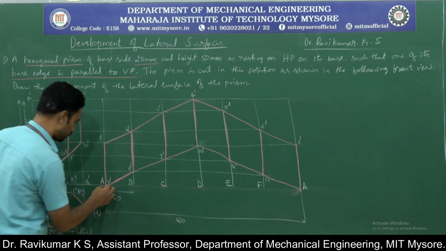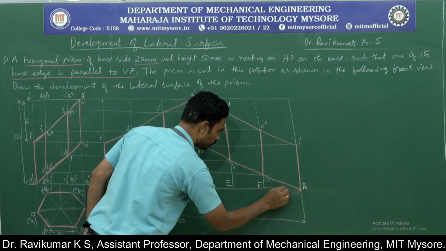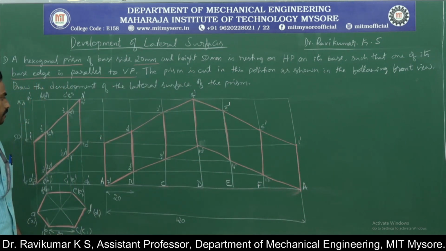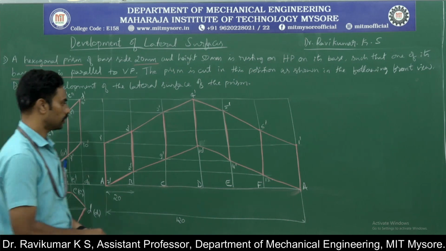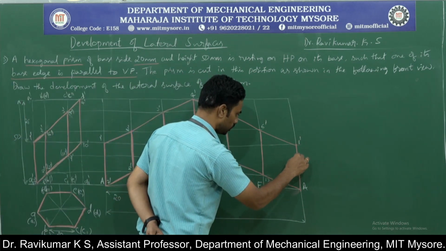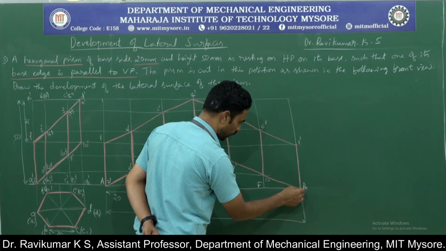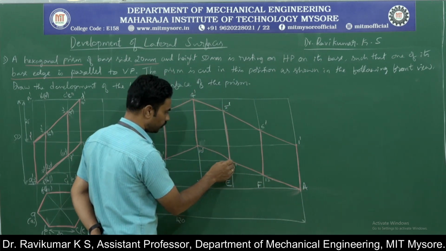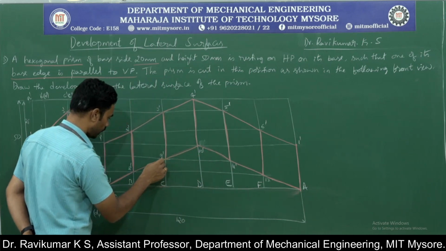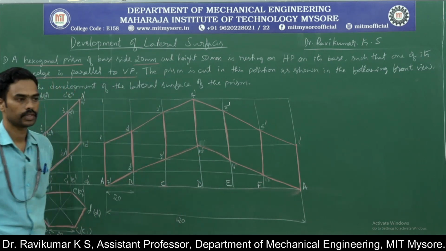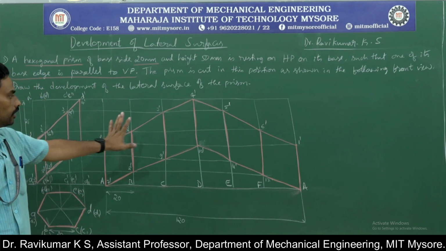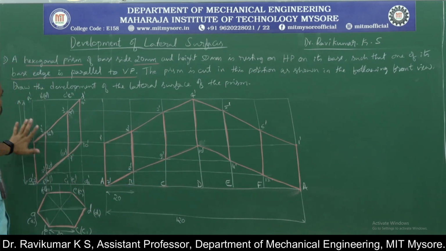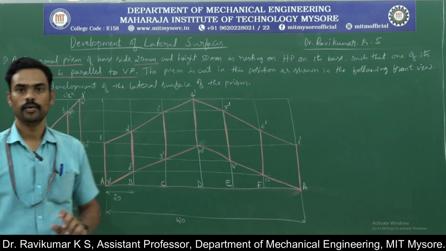So only this is the retained portion. 1 dash to A to 12, 12 to 11, 11 to 10, 10 to 9, 9 to 8, 8 to 7. Okay, so this is the development of the said front view of the said hexagonal prism.